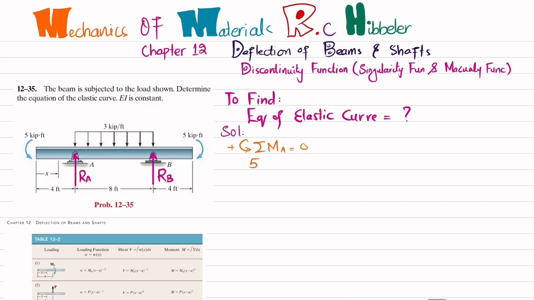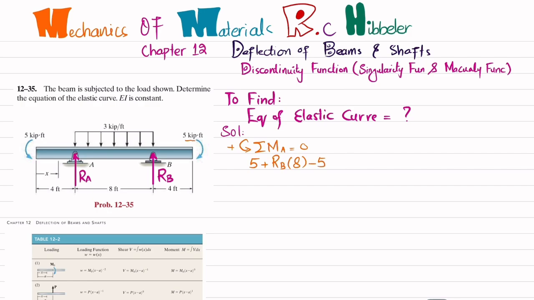The second moment is due to this force RB, and its perpendicular distance about point A is 8 feet, and this is producing counterclockwise moment, so it will also be positive. So I will write plus RB into 8. The third moment is this 5 kips-feet, that is clockwise, so minus 5.